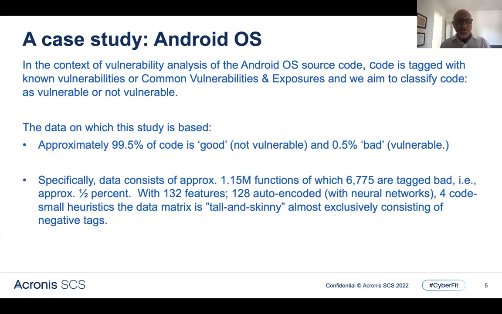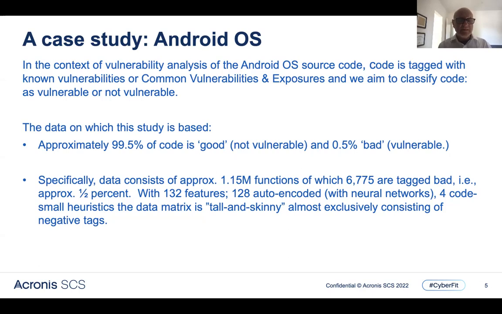We go through a long process of appending features to each function. Some of those features are known as auto-encoded. That is a technique that uses neural networks to encode automatically 128 features. And then we also cherry pick 4 particular features which are based on the idea of code smell.